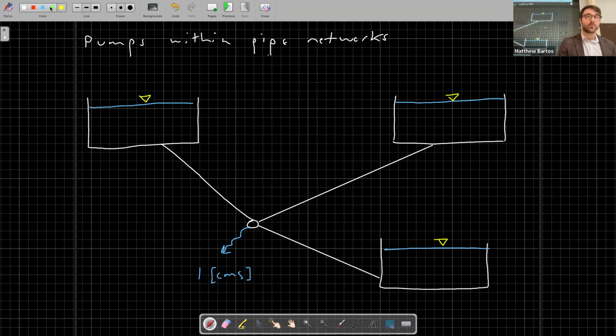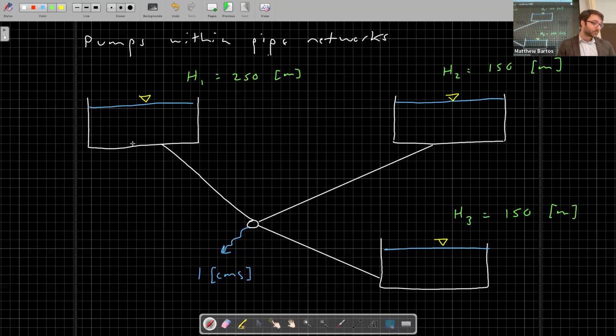So for reservoir 1, just using our previous example, this is going to be 250 meters of head. For reservoir 2, we're going to have 150 meters of head. For reservoir 3, we're going to have 150 meters of head again. Just to note, this is QJ. This is the external demand.